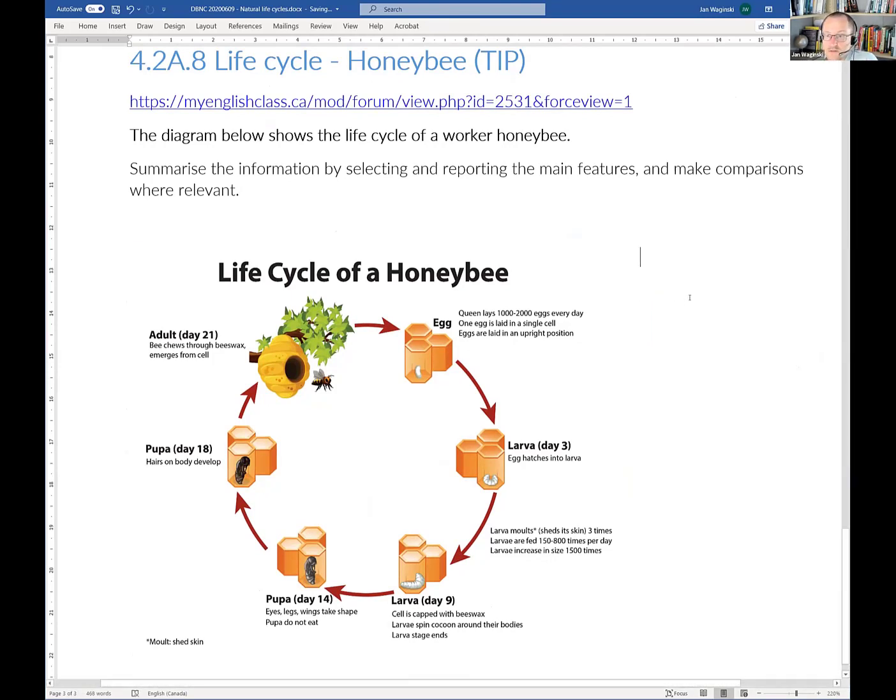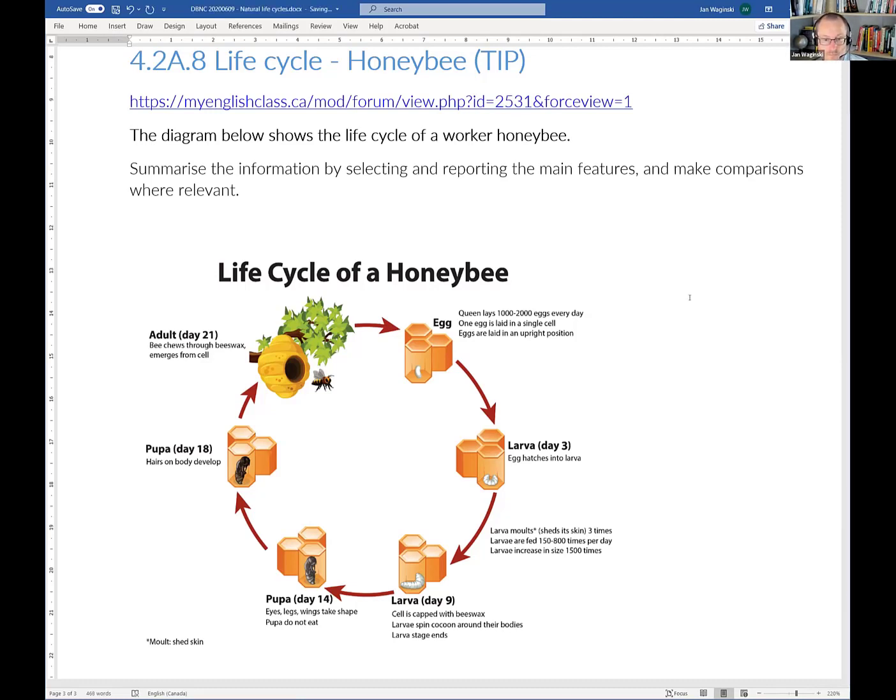All right, let me ask Shamri, how would you paraphrase the prompt to start with our first sentence? The diagram depicts the life cycle of honeybee in 4 stages. Okay, what's a synonym for the diagram?